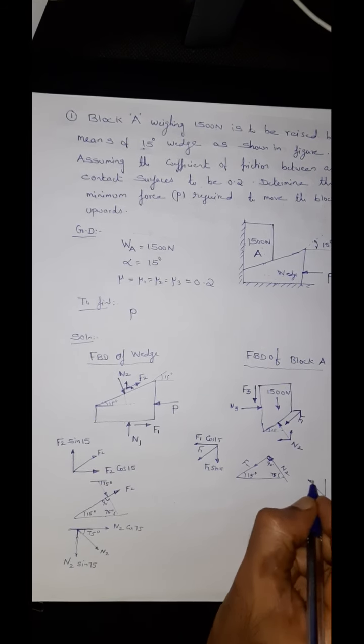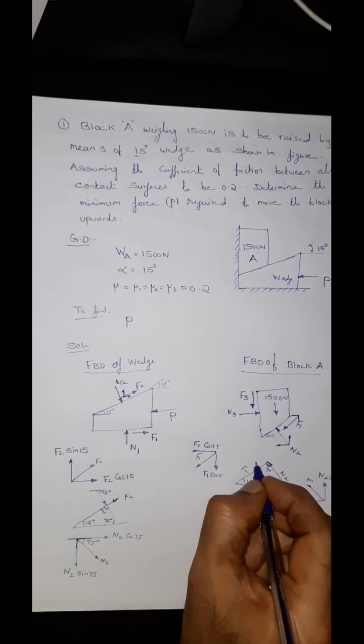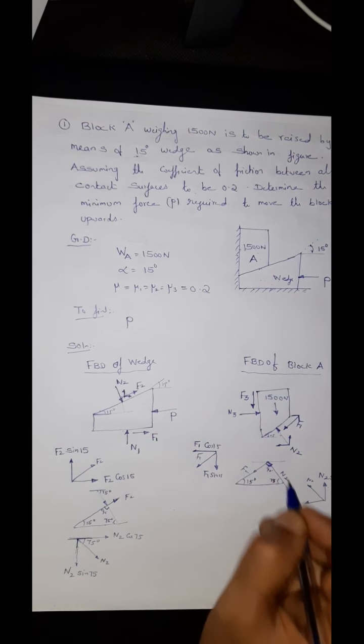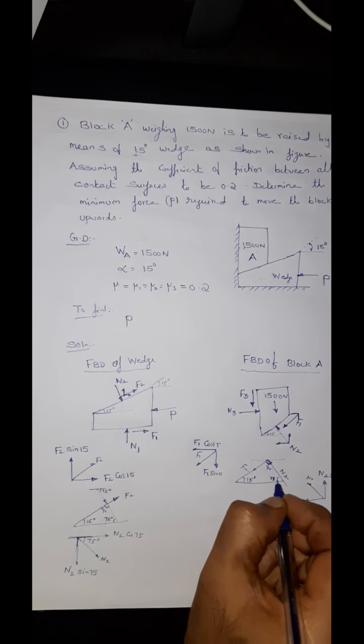Then what about N2? This is N2, and this is the vertical component of the normal reaction. So this can be written as N2 sin 75, because this is 75. If you draw a horizontal line to this, opposite sides are equal, so this is 75.